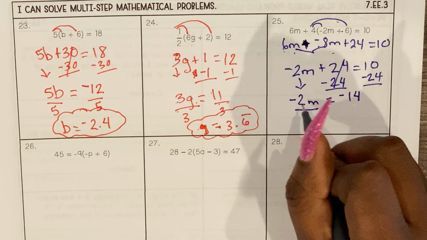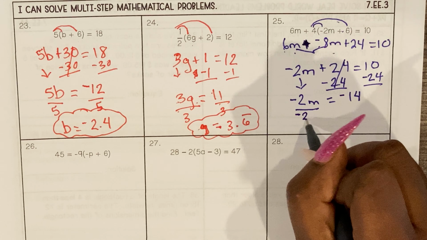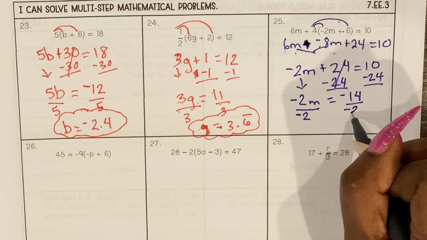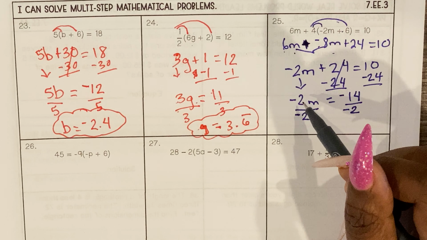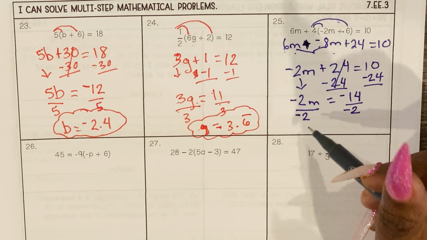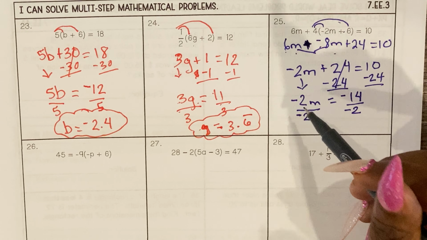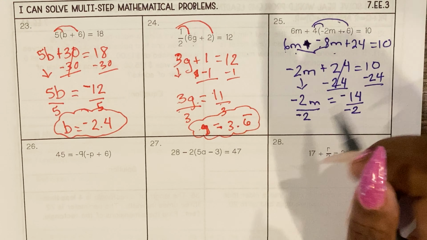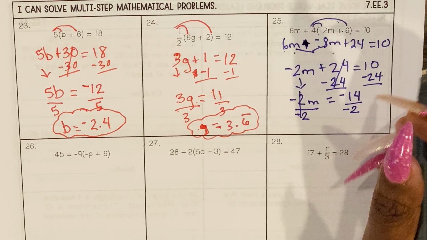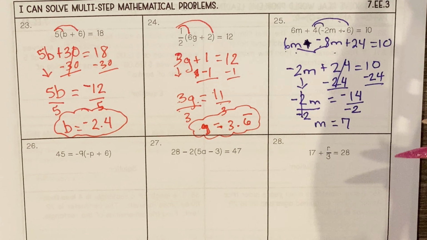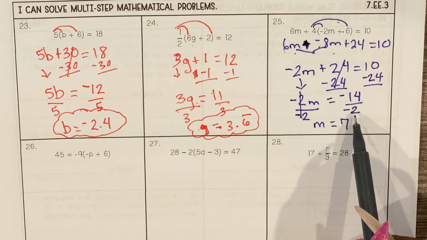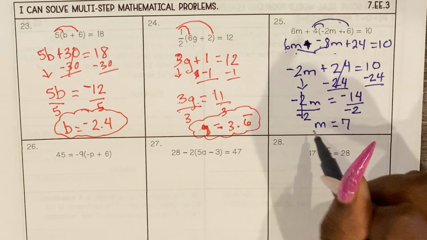I do the inverse of my multiplication, which is to divide both sides by the negative 2, because remember I said when you're dividing to isolate your variable, if there is a negative, you have to divide by that negative as well. That goes to 1. M equals a positive 7, because same sign, positive answer.